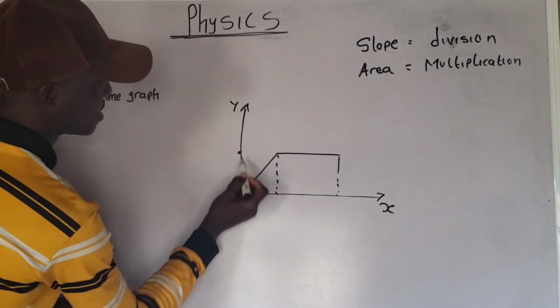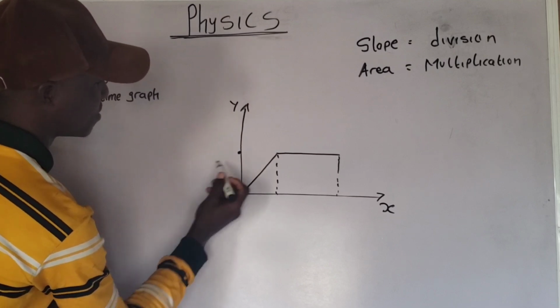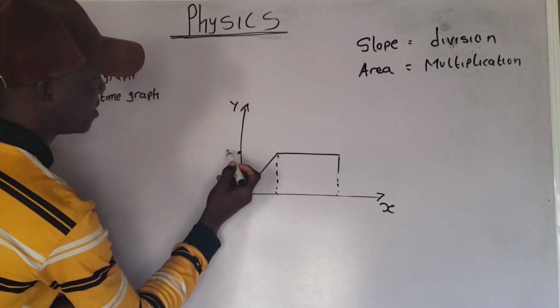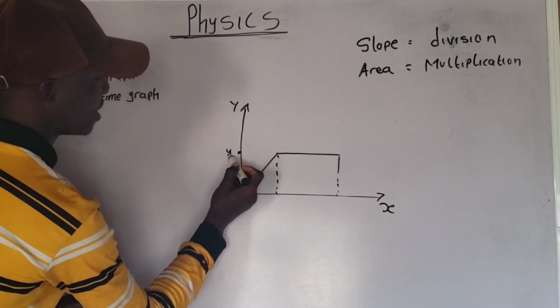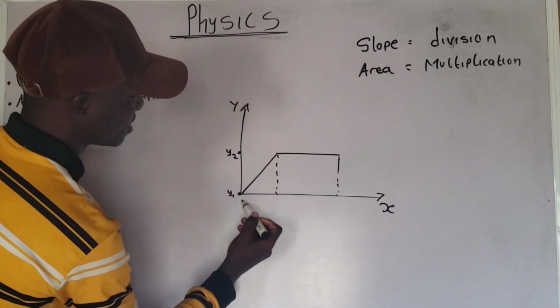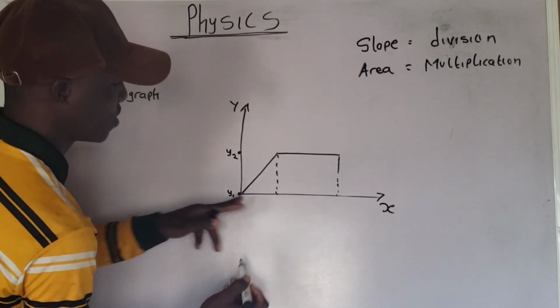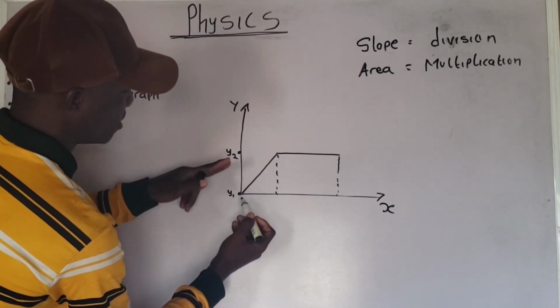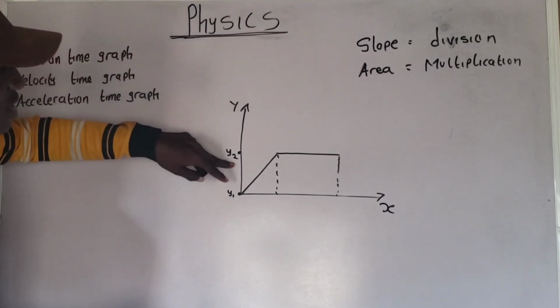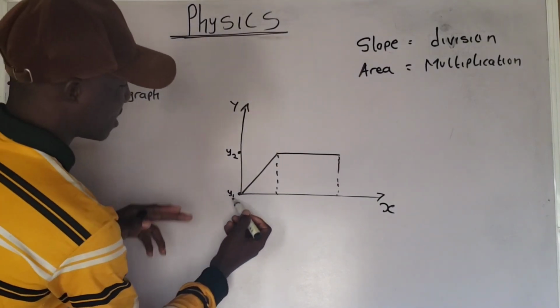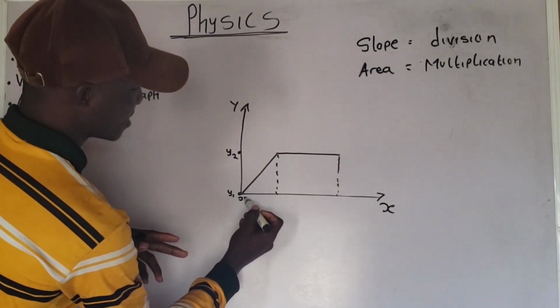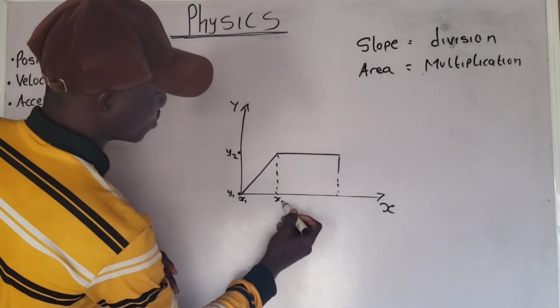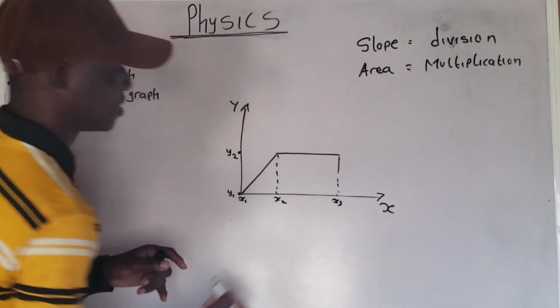Let's say this is y1, this is y2. Let's call these points x1, x2, x3. You understand?